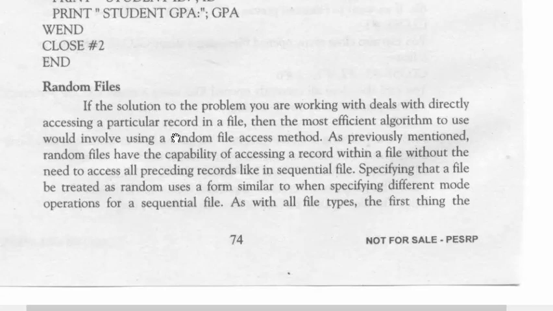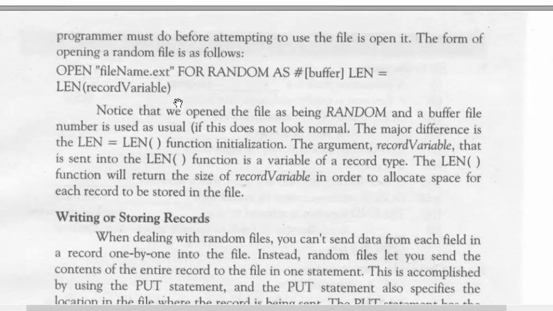As with all file types, the first thing the programmer must do before attempting to use the file is open it. The form of opening a random file is as follows: OPEN "filename.ext" FOR RANDOM AS #buffer LEN = LEN(record variable).